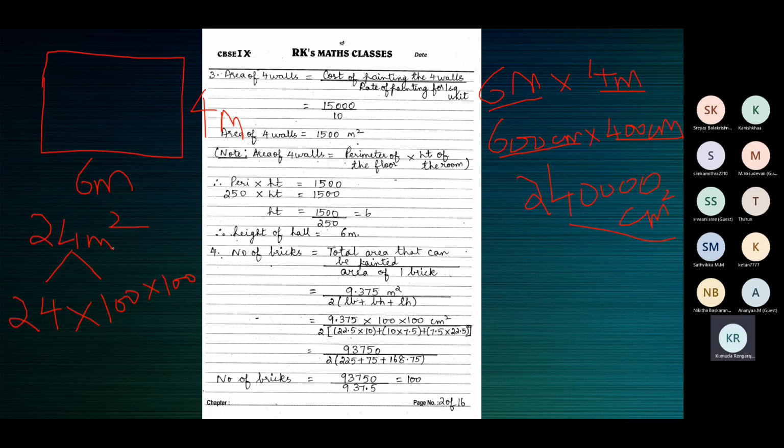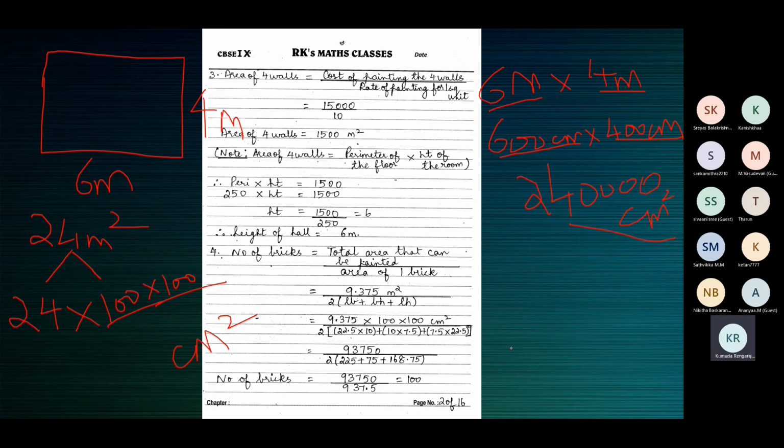So 24 meters square to centimeter square. How will you convert meter to centimeter? Multiply by 100. Meter square to centimeter square, do 2 times. So 24 should be multiplied by 100 two times, and then the unit will be changed to centimeter square. So see here, 24 followed by 4 zeros, centimeter square.